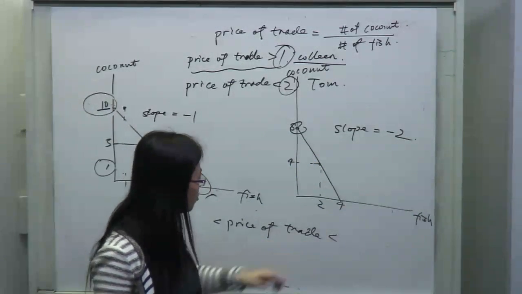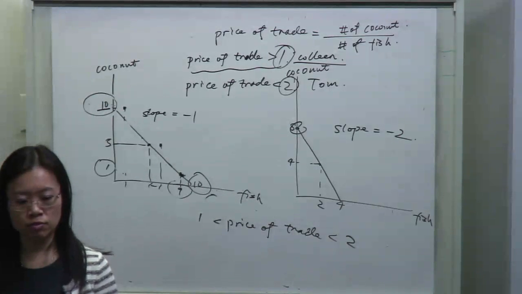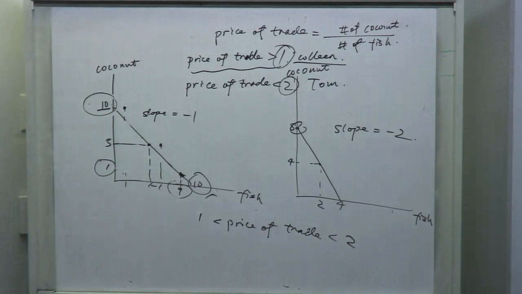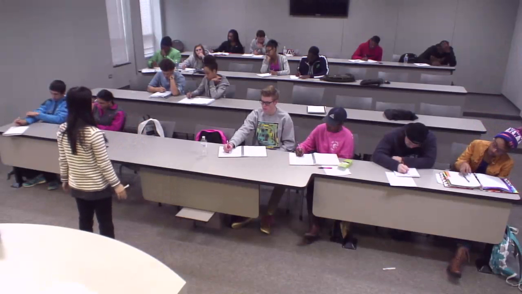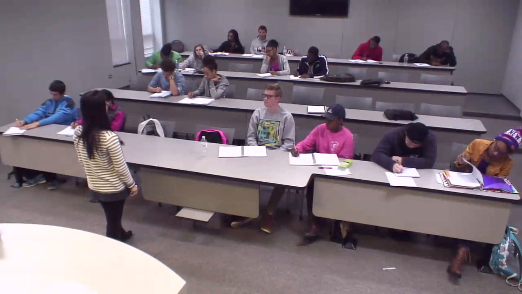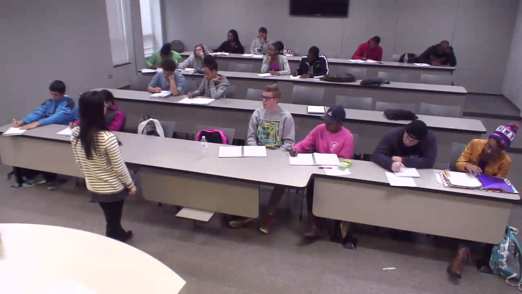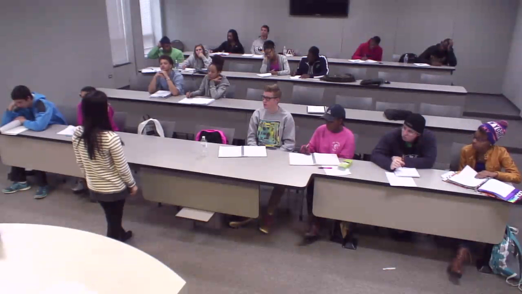Then if the price of trade is between the absolute values of the slopes, then the deal will come through. So there are many prices that will make this transaction happen. Did everyone get it?